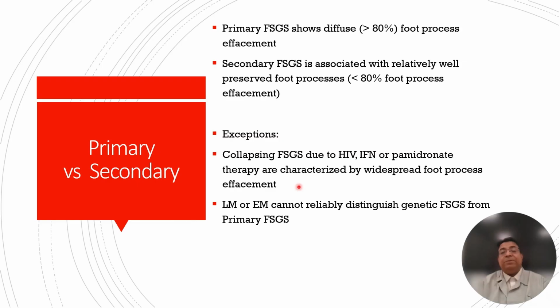There are some exceptions. Collapsing FSGS due to HIV, interferon, or pamidronate therapy are characterized by widespread foot process effacement, even though it's a secondary FSGS. Light microscopy or electron microscopy cannot reliably distinguish genetic FSGS from primary FSGS.